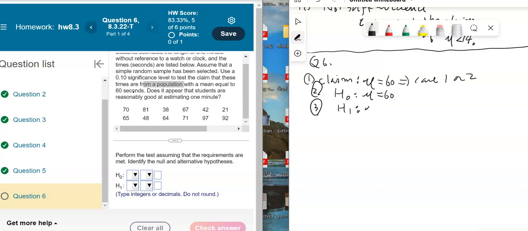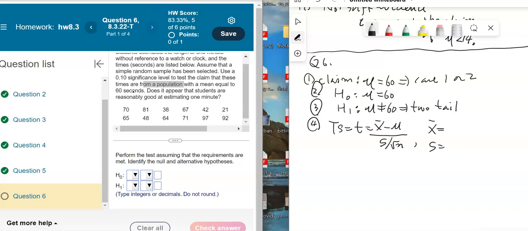Alternative hypothesis, then, mu not equal to 60. So this is a two-tail. Okay, so test statistic is t, again, x bar minus mu over s divided by square root of n, but we don't know x bar or s until we find that in StatCrunch.